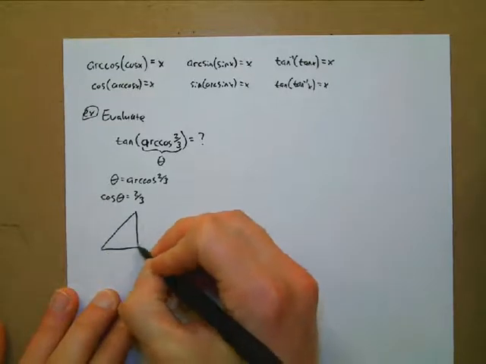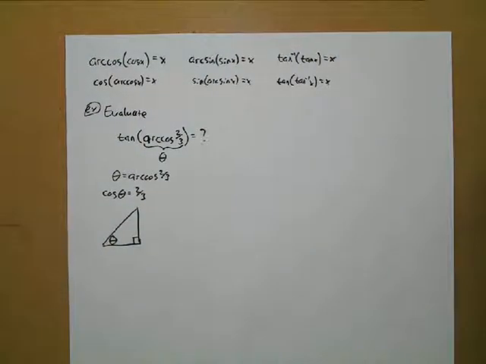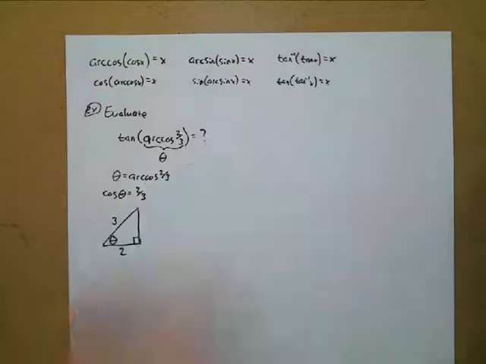I could find the third missing side by using the Pythagorean theorem. So it's going to be 2 squared plus b squared equals 3 squared. So b squared equals 5, so b equals the square root of 5. So this missing side here is the square root of 5.